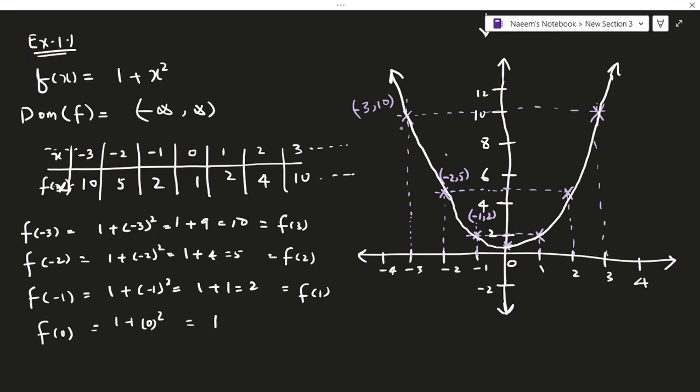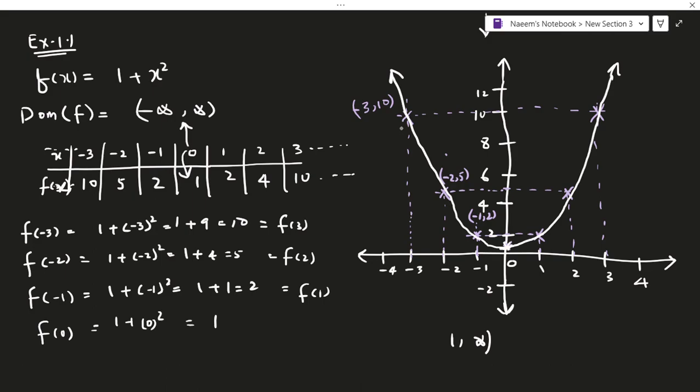Now see, the minimum value of this f of x is 1, and the maximum value is infinity, 1 to infinity. Now we have to check that infinity is not included in the domain, so infinity will be excluded from the range as well. So see, this f of x has value 1 at x equals 0, and 0 is part of this domain.